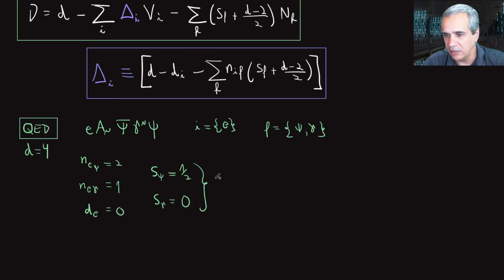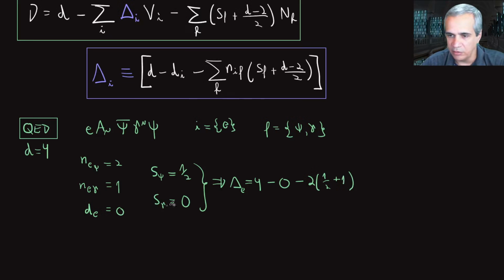That means now that for delta, I just plug these numbers in. And you see that delta is 4 for the number of dimensions, no derivatives. And now I have to sum over field types, so let's start with the electron. N_E is 2 times 1/2 times (D minus 2)/2; D is 4, so 4 minus 2 over 2 is just 1.